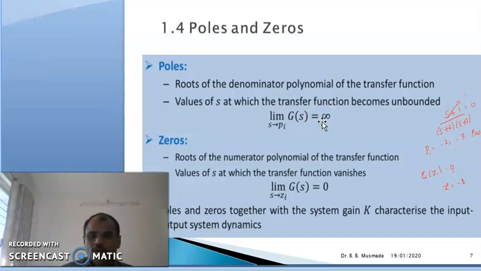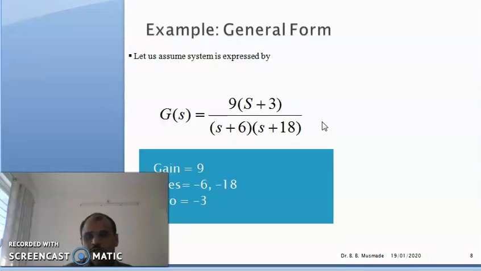So to understand the poles and zeros, let us take a very specific case. In an example, we will consider one gain, 1 zero and 2 poles. So clearly we have a DC gain of 9. The number of poles is 2, which are located at -6 and -18.